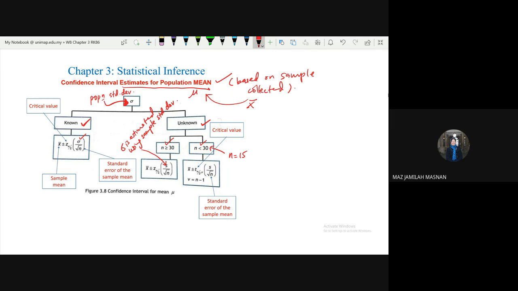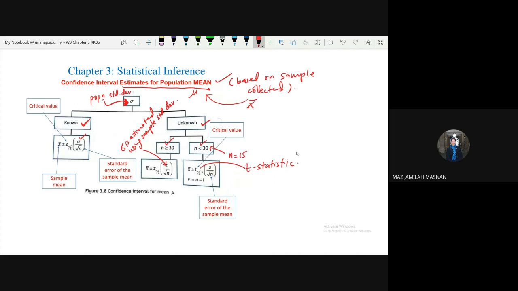What if my n is less than 30? Now remember class, if you look at your standard normal distribution table, before it you can see the t statistic, the student t statistic. This is kind of a sister of the normal distribution.